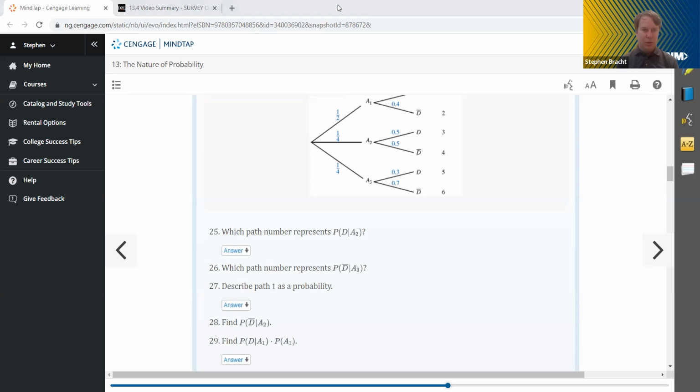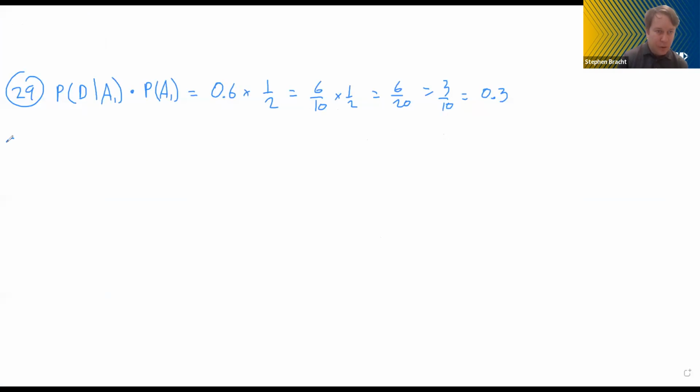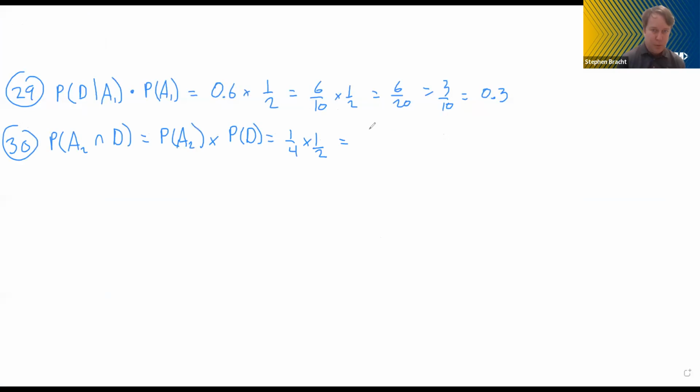So for 30, the probability of A2 intersection D is equal to the probability of A2 times the probability of D, which is equal to 1/4 times 1/2, or 1/8.